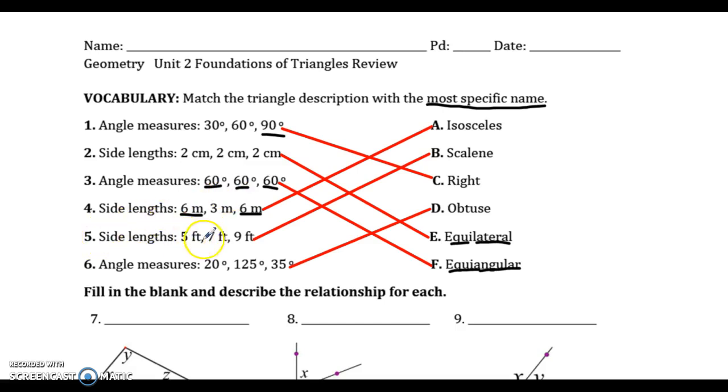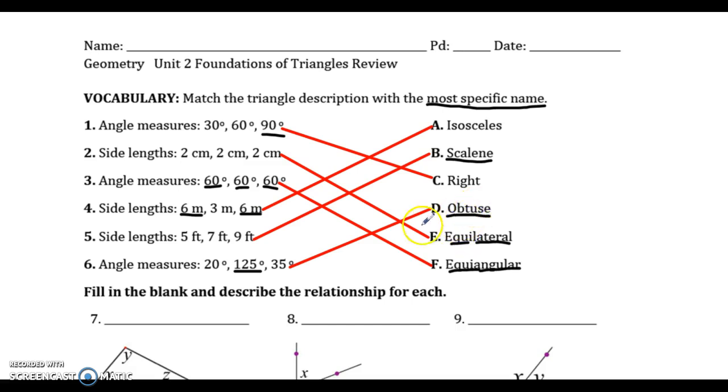For number 5, notice that 5, 7, and 9 are all different from each other, and all different side lengths should make you realize that it is scalene. And number 6, all of the angle measures here were acute except for this one, and if one of the measures of a triangle's angles is obtuse, that makes the entire triangle obtuse.